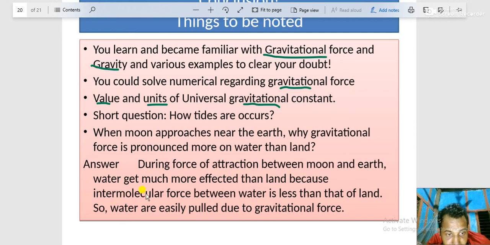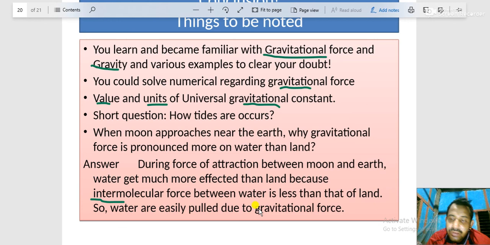So water gets more affected than land, because the intermolecular force between the water molecules is less than the land. So large masses of water are generally raised up by the gravitational force. In this way the tides are easily pulled by water.